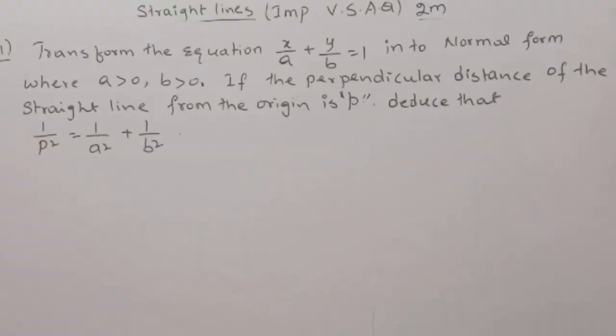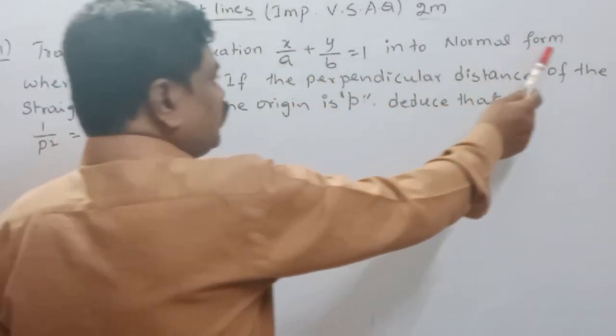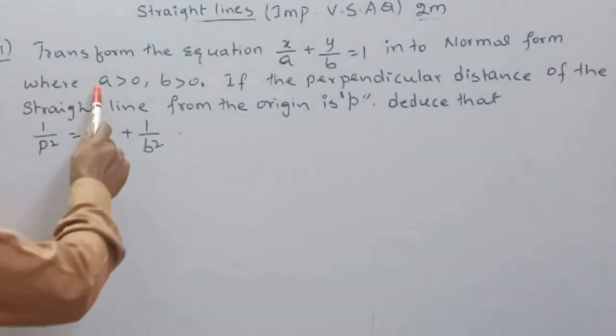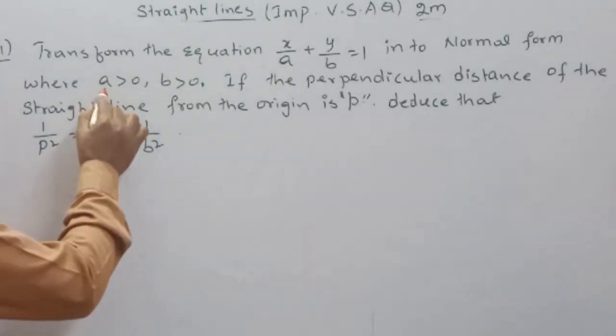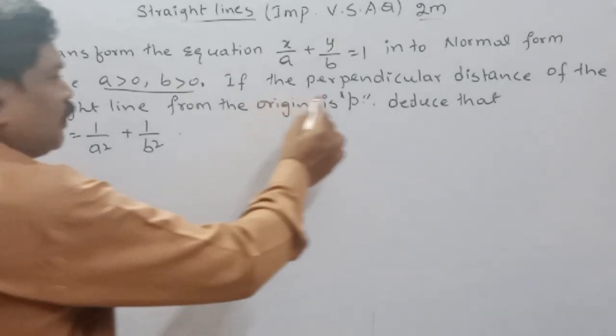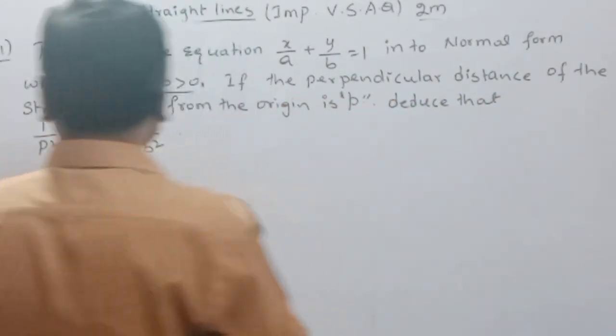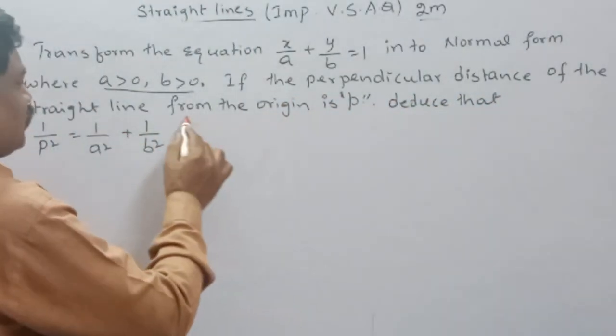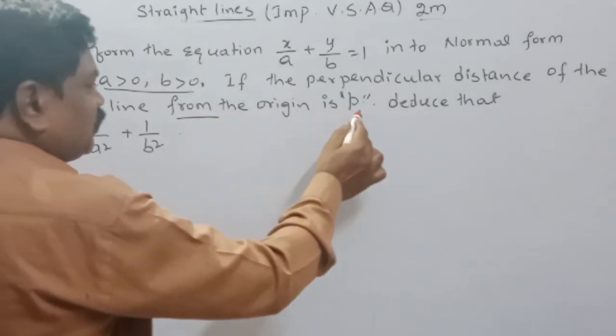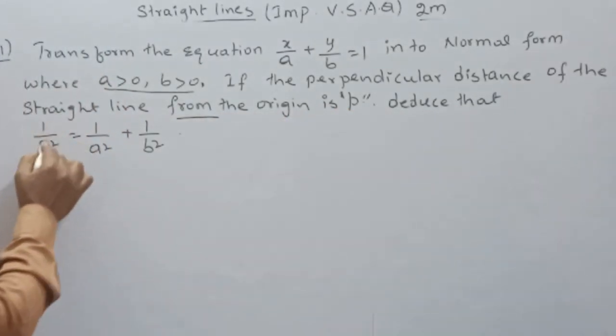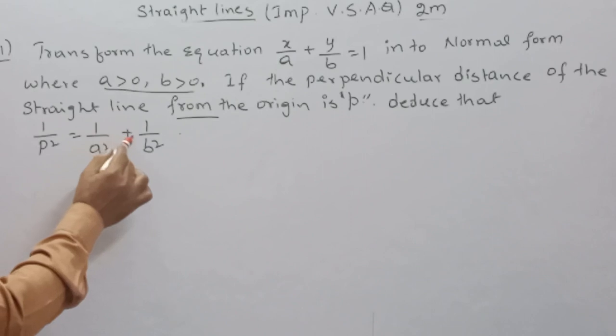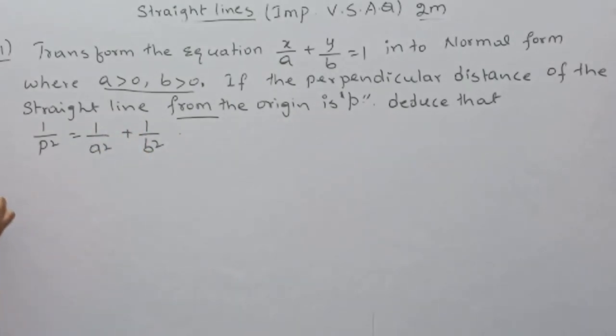Here is one more problem from straight lines. Transform the equation x by a plus y by b is equal to 1 into normal form, where a greater than 0, b greater than 0. If p is the perpendicular distance of the straight line from the origin, deduce that 1 by p square is equal to 1 by a square plus 1 by b square.